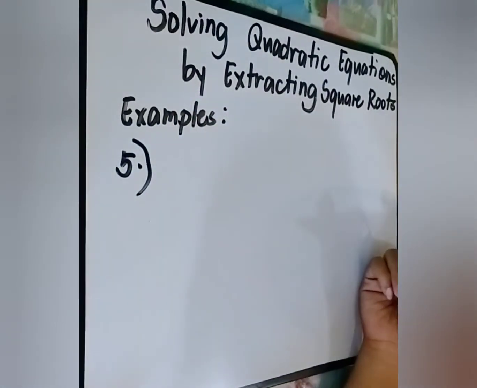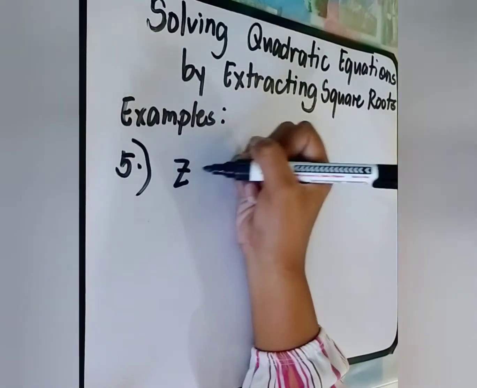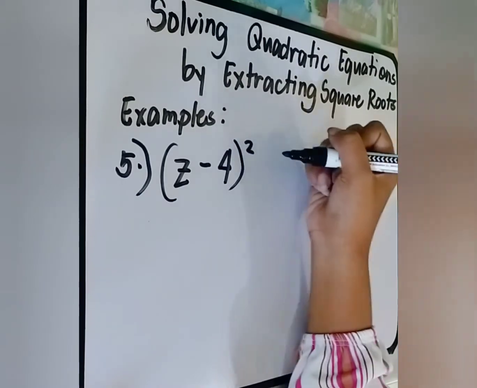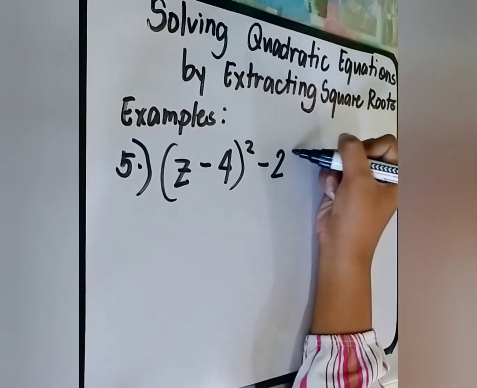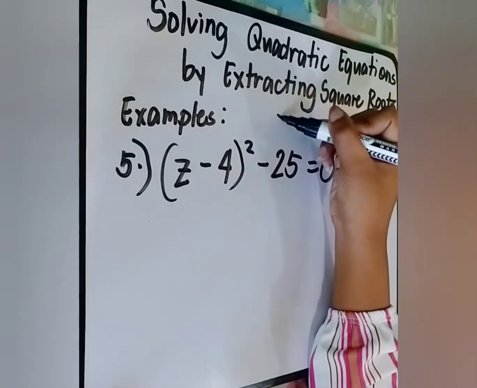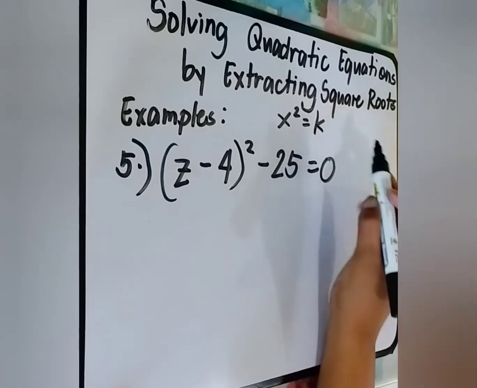Okay, let's have our last example, example number 5. So, itong example number 5 is medyo mahirap na example ulit. So, example number 5 is the quantity of z minus 4 squared minus 25 is equal to 0.